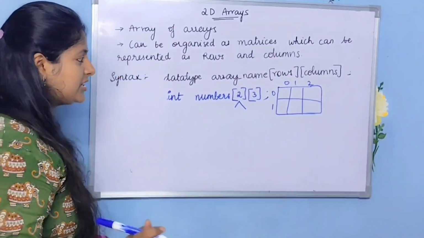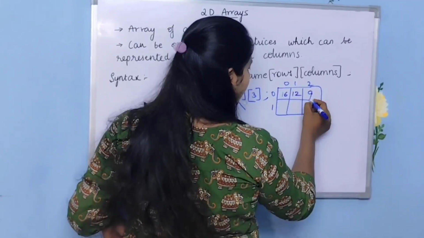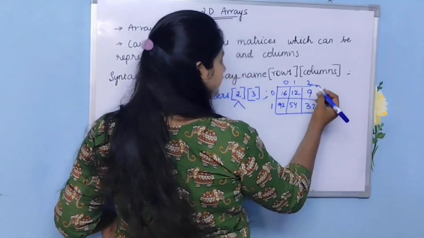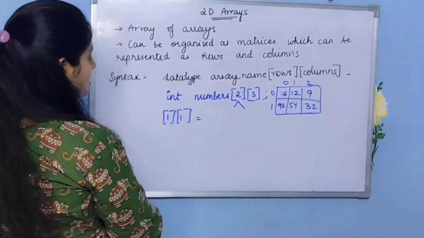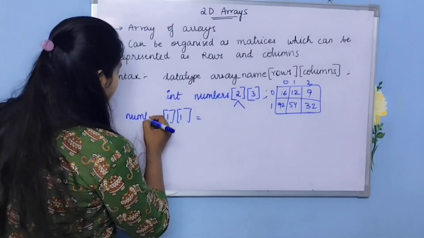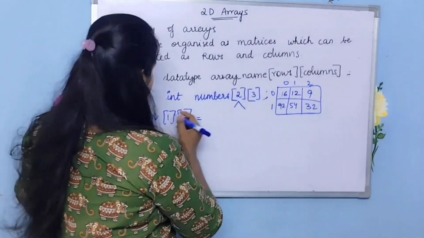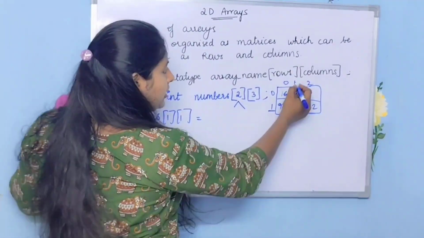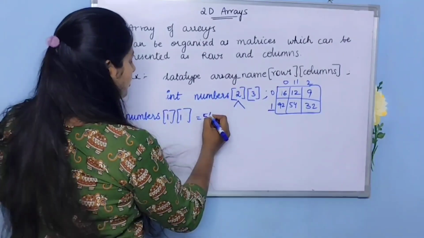Say for example, I have written a few elements over here: 16, 12, 9, 92, 54, 32. Suppose I have asked you to tell me what is the element present in numbers of 1, 1. Row 1, column 1. What is there here? 54.